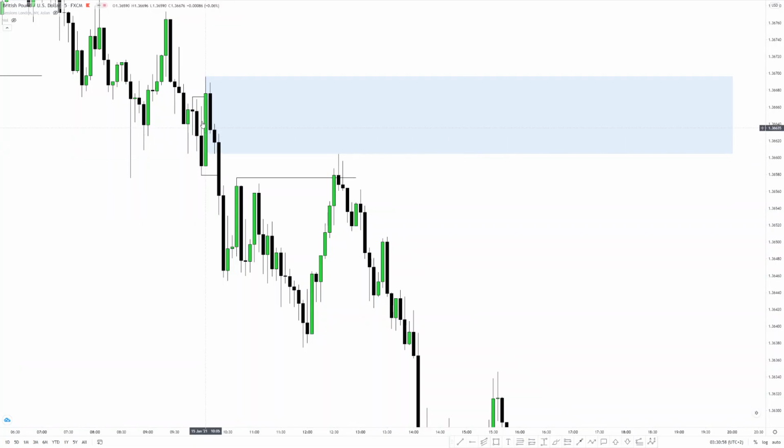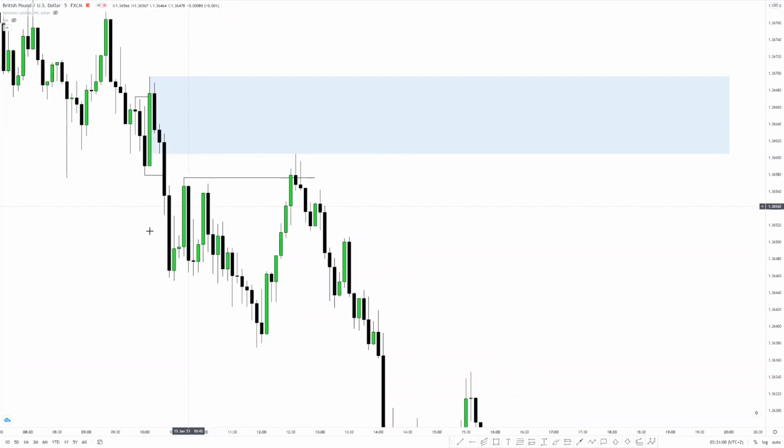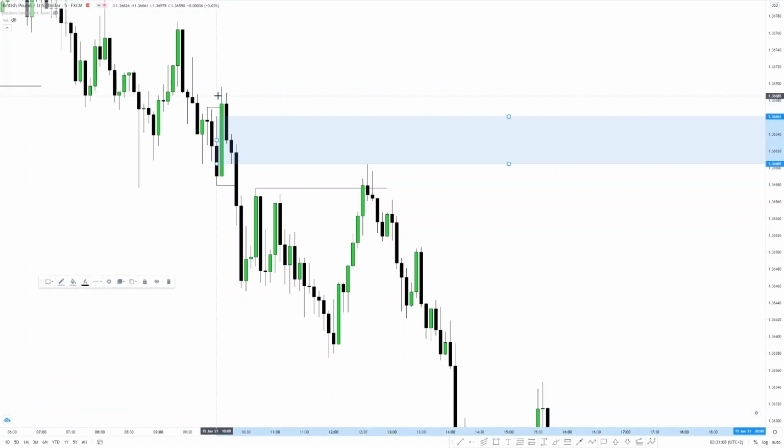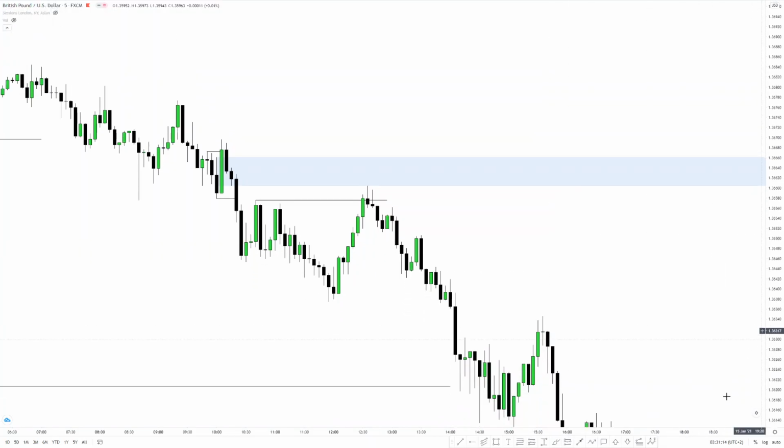So this candle right here, I then marked it as a breaker. If this is a breaker, then I would be interested in using the high of it to set my stops in order to have a higher risk to reward ratio.